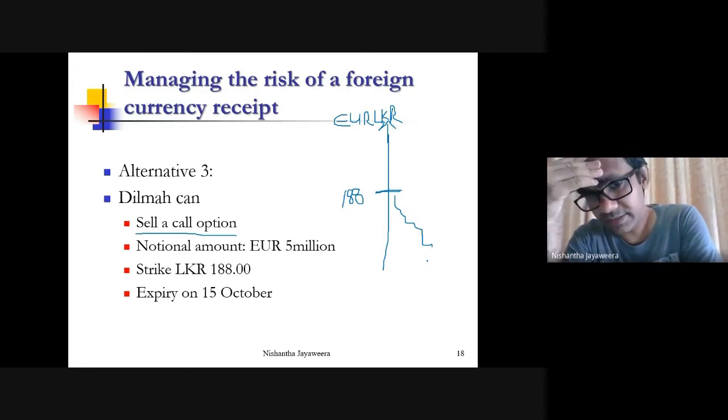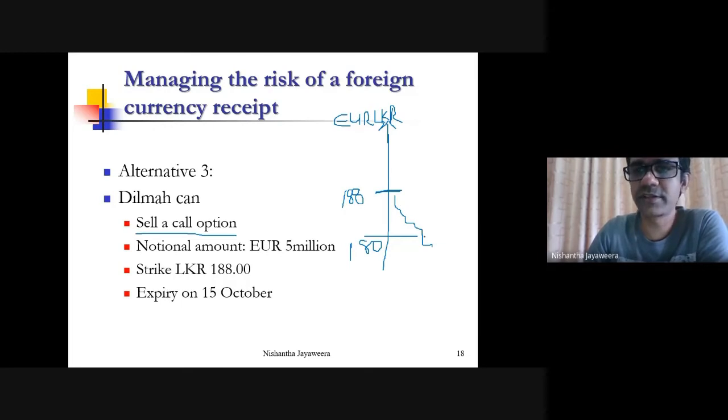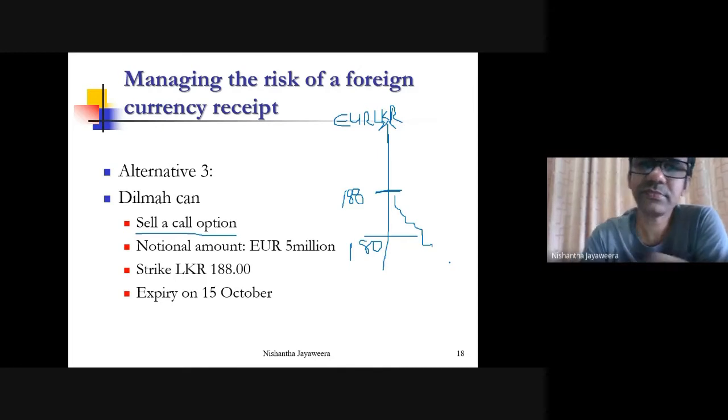You have to sell it at the market, somewhere here, say 180. So is your downside protected properly? No, because the exchange rate has gone down and the rupee appreciated. You have to sell it at the market price. But apart from this, what do you get?